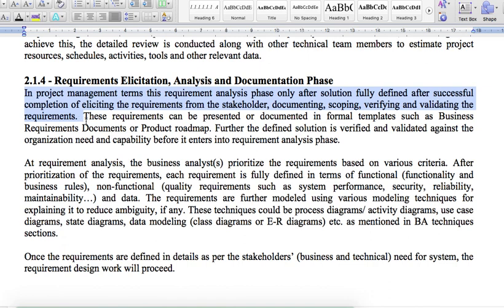So there are various phases. When we talk about elicitation and analysis, we plan for the elicitation, then we conduct the elicitation, we document the requirement, we send out the requirement to the stakeholders to confirm, and after the confirmation we structure those requirements in a particular template or framework.